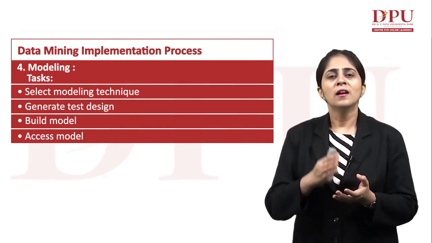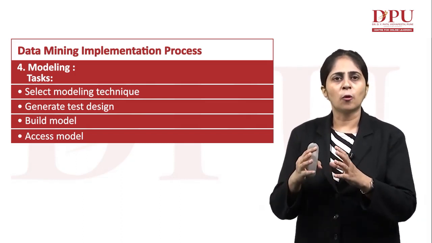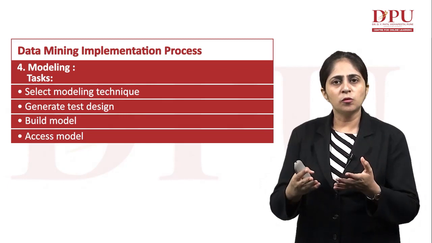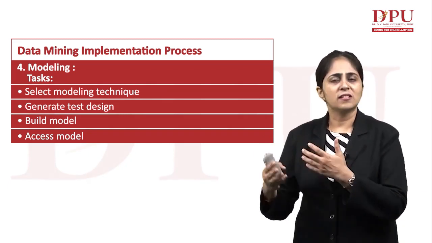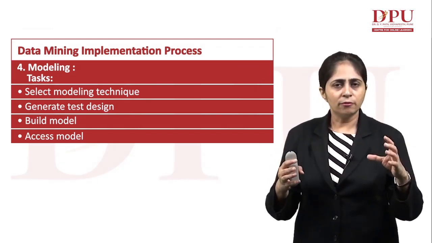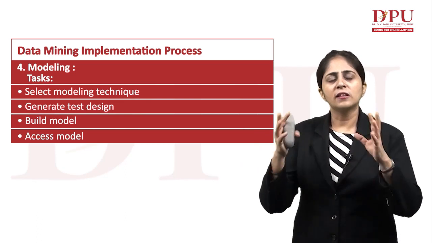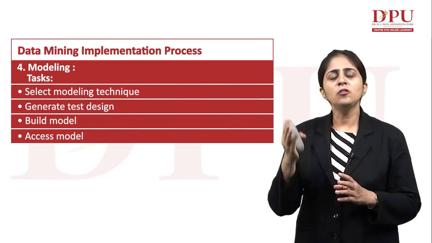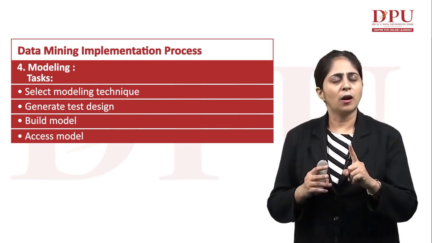No, we need to assess the model. That means, is the model that we have selected and are using producing the correct result? We need to check that if we give this input, the output produced by this model is correct.